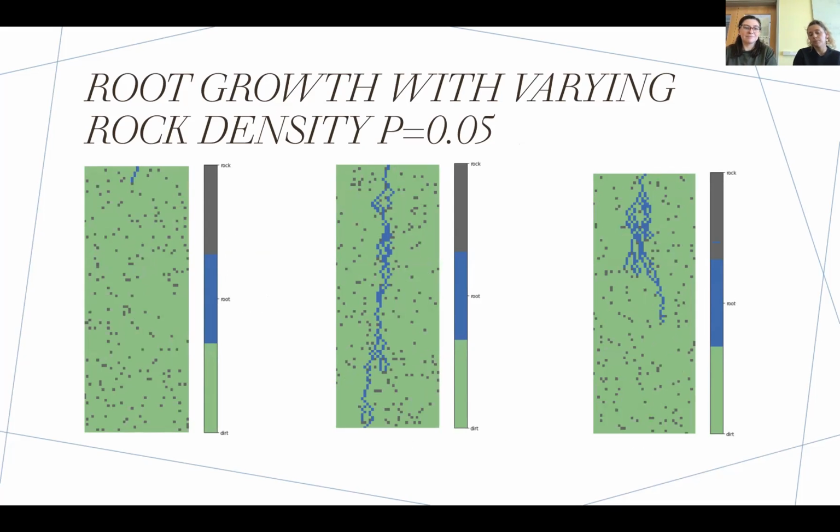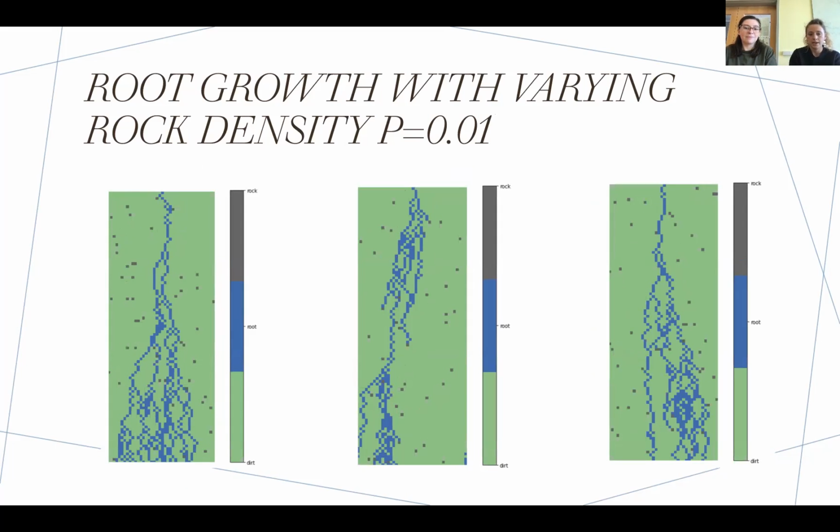Sometimes they're still stopped by rocks pretty early on, but sometimes they make it further or even all the way down. If we change it again to 0.1, we see our roots making it all the way down to the bottom of our step size of 100 every time, as well as some difference in root density. We see some thicker roots, so more bifurcation.